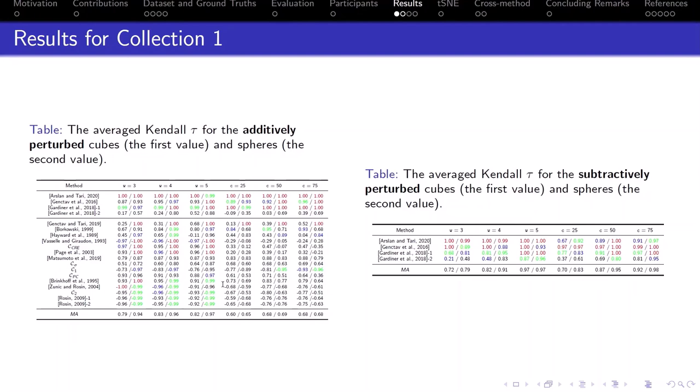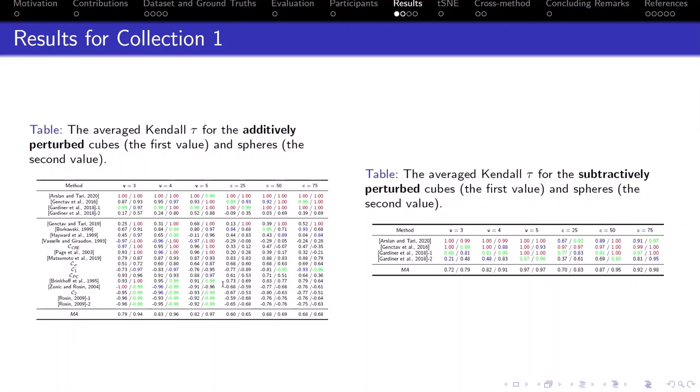So these are the tables for collection 1, and here we report the average Kendall tau scores for the families in collection 1. On the left-hand side we see the additive perturbations, and on the right-hand side we see subtractive perturbations.